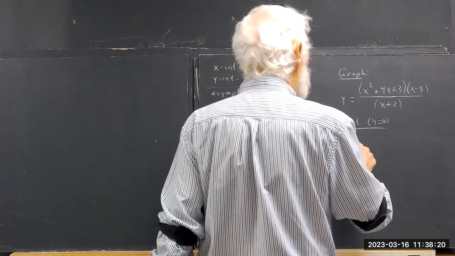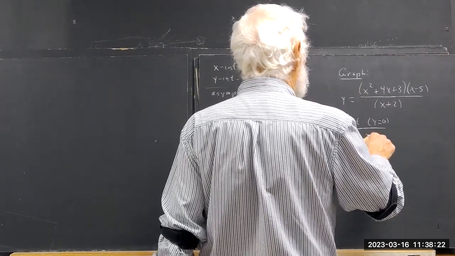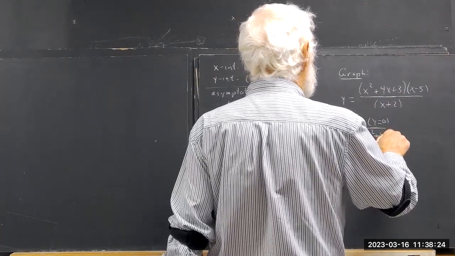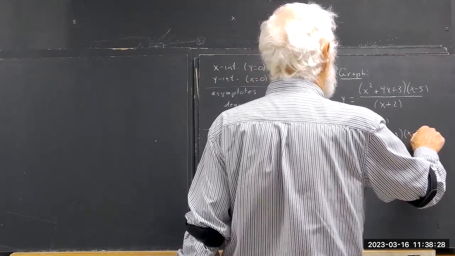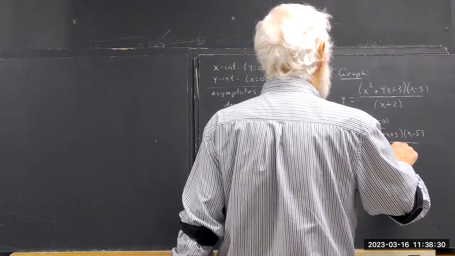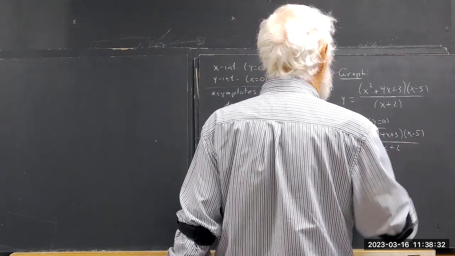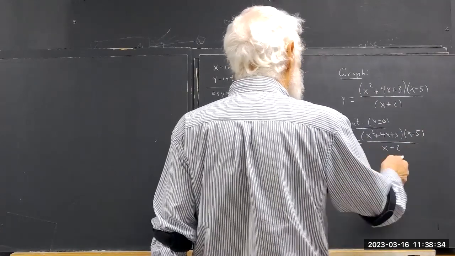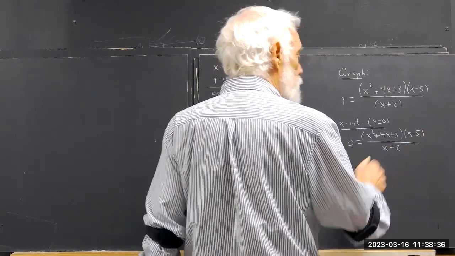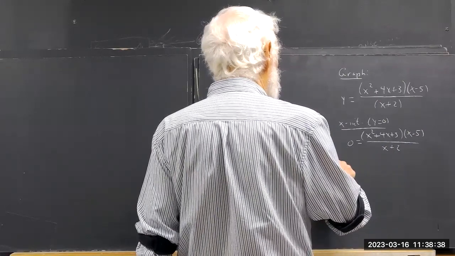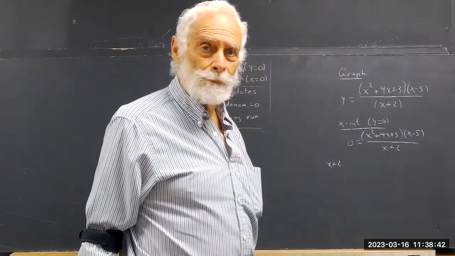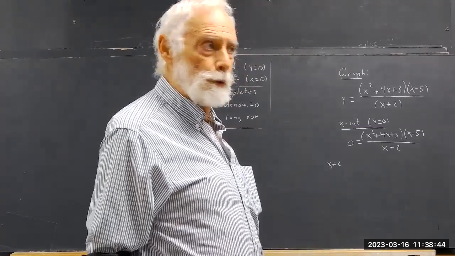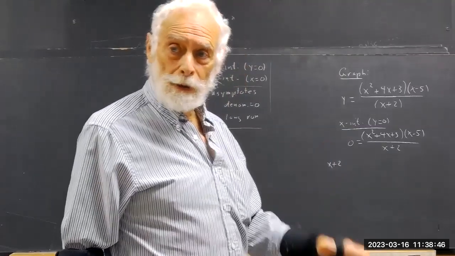So we get 0 equals (x squared plus 4x plus 3)(x minus 5) over (x plus 2). How do we solve this? We multiply both sides by the denominator. That's how we always solve an equation that has denominators. You don't want to be dealing with fractions or denominators.